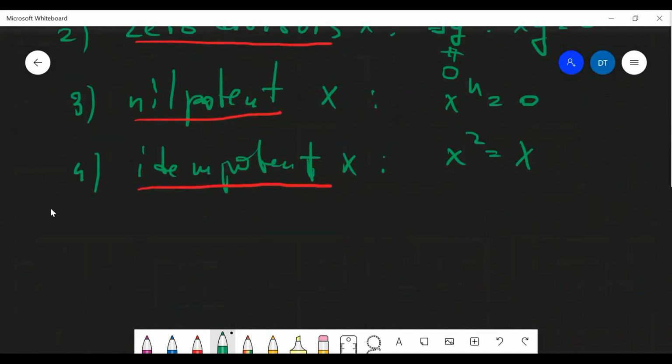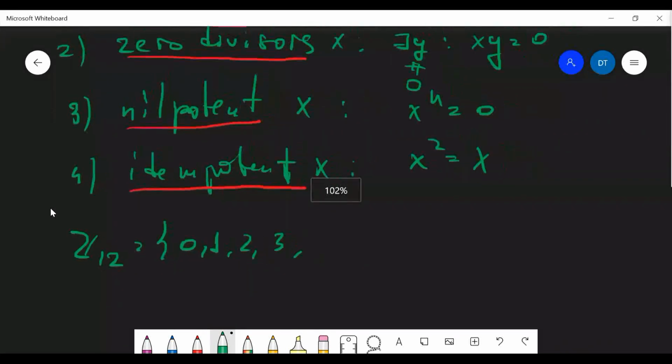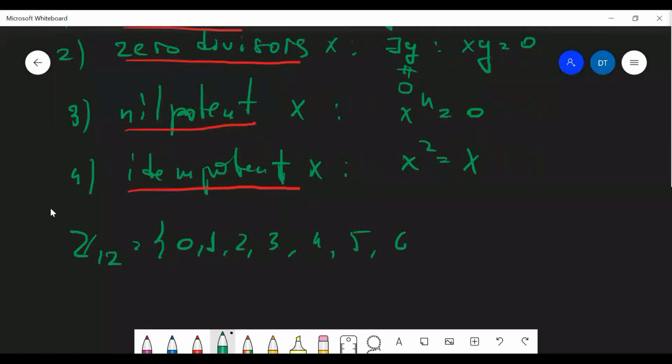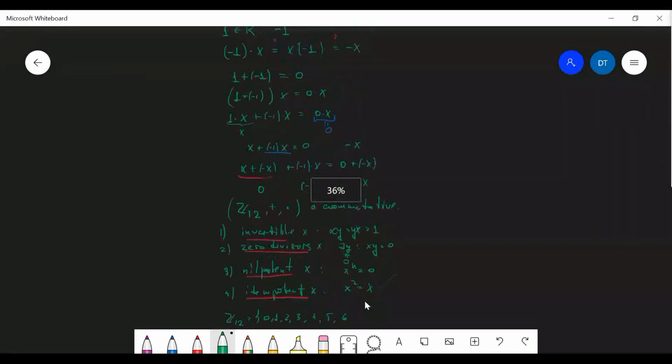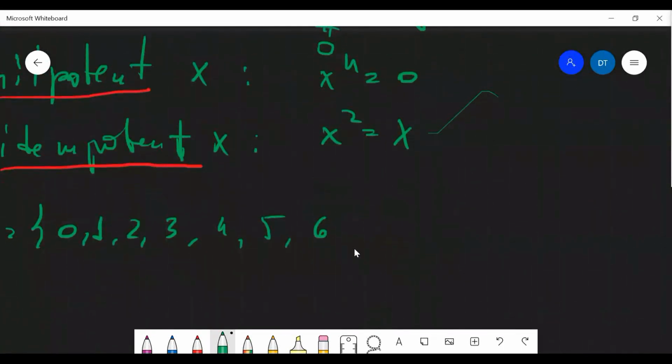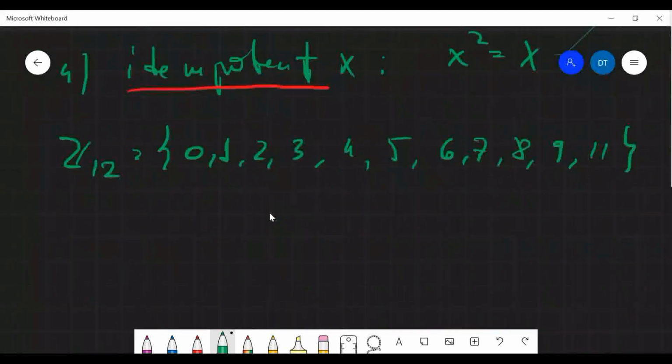Okay, let's list all the elements of Z12. 0, 1, 2, 3, 4, 5, 6, 7, 8, 9, 11. Okay, this is the list of all the elements here.